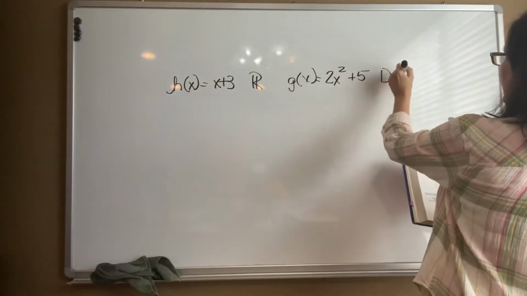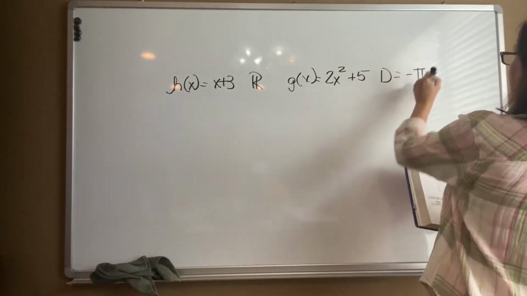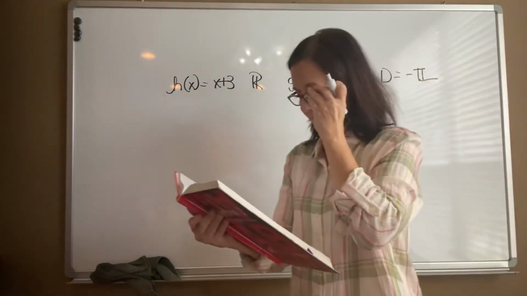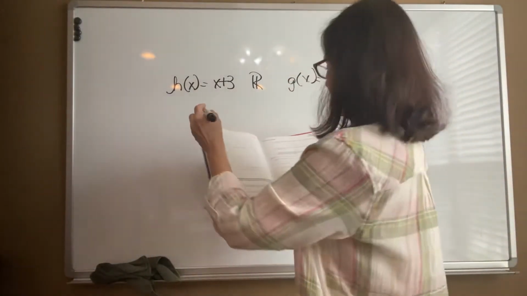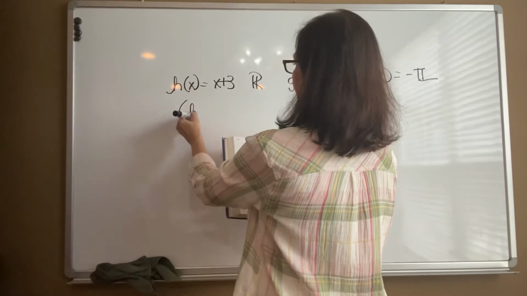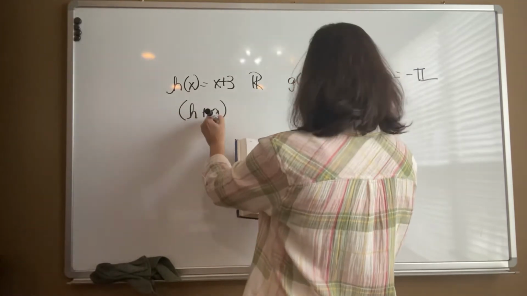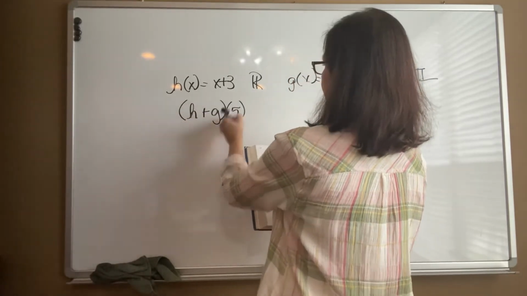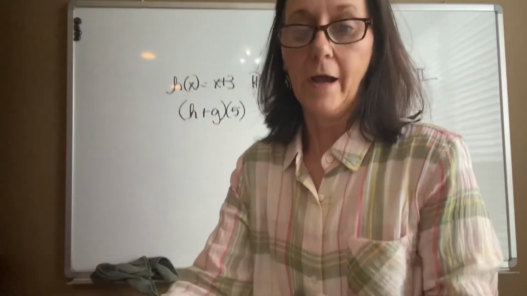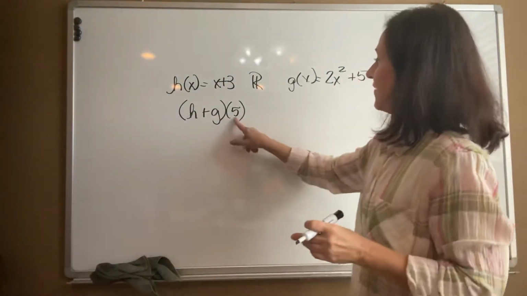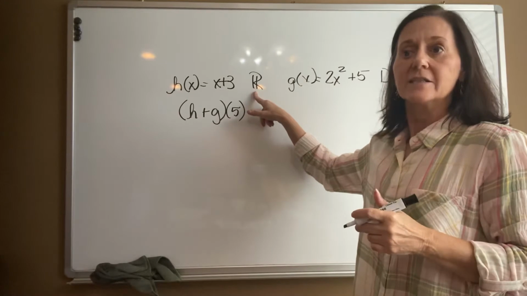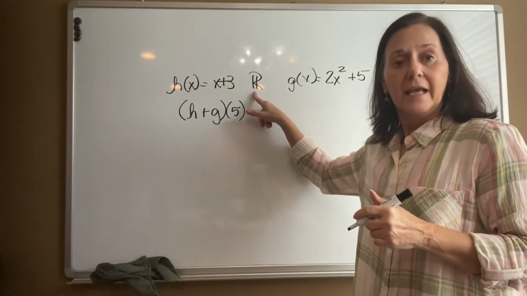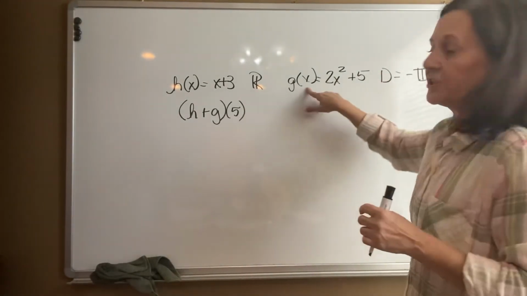Its domain is only negative integers. All right? Then it wants us to find what's h plus g of 5. Well, is 5 in the domain of h of x? Yes, it is. Is 5 in the domain of g of x?